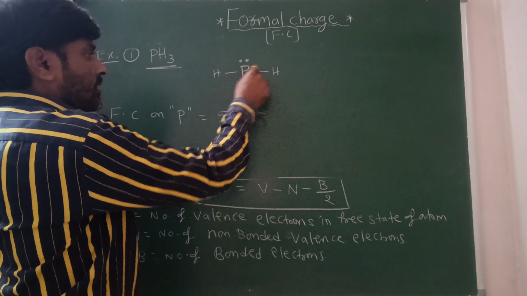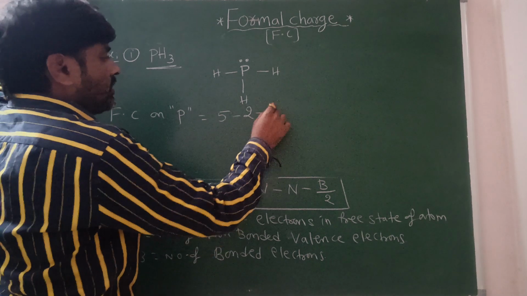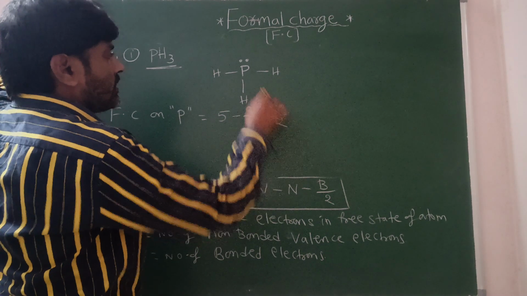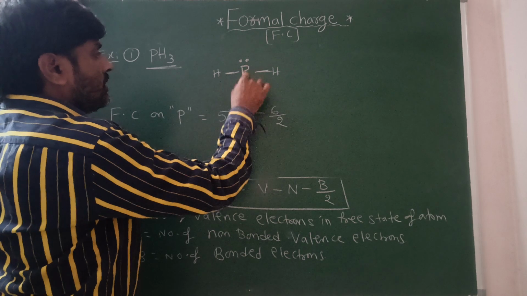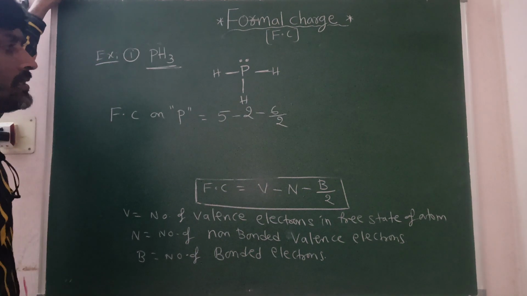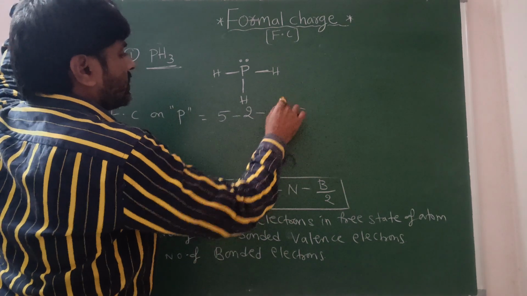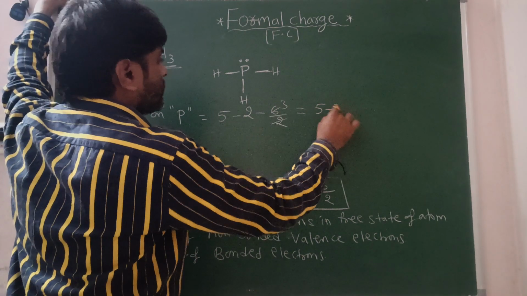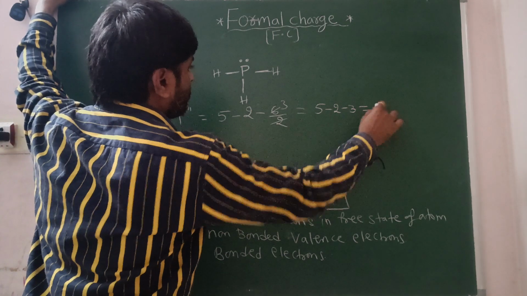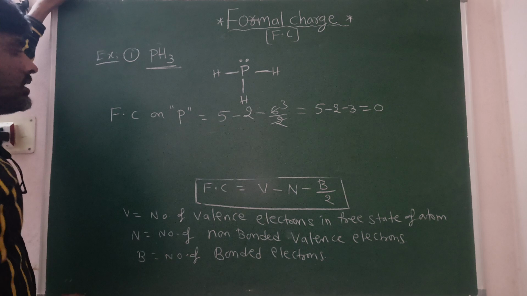Here it forms 3 bonds, which means 6 bonded electrons, so 6 by 2, because each bond has 2 electrons. So 5 minus 2 minus 3 equals 0. So the formal charge on phosphorus in phosphine is 0.